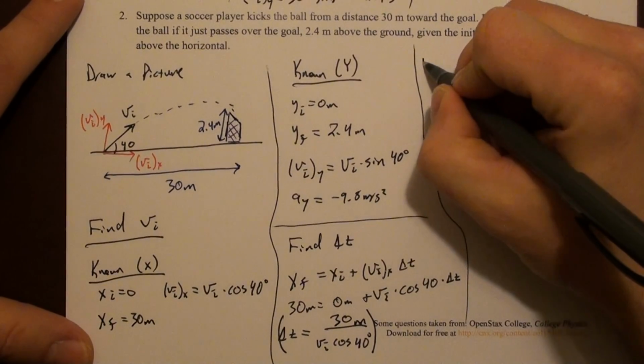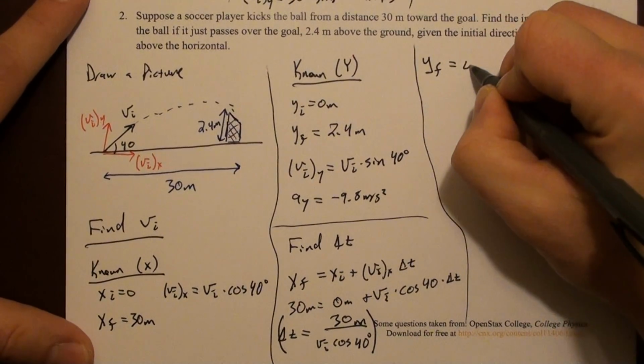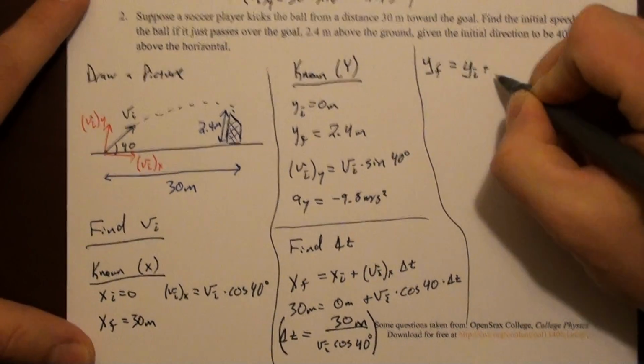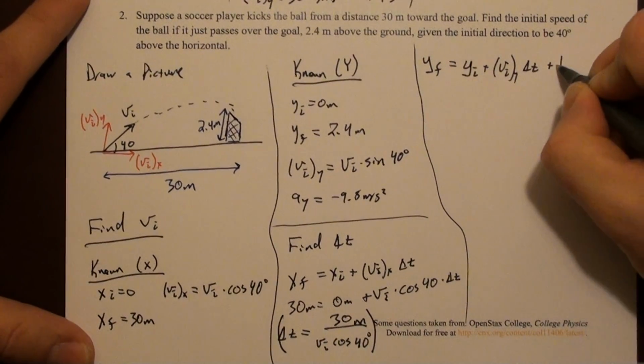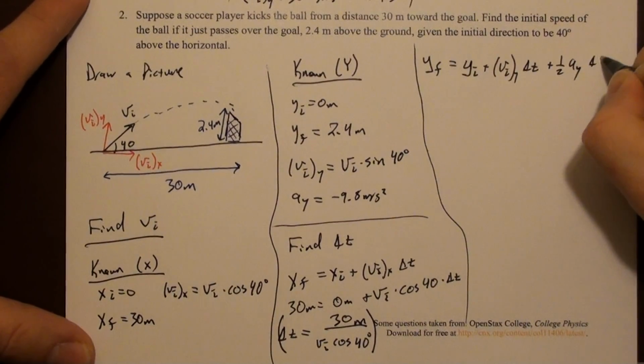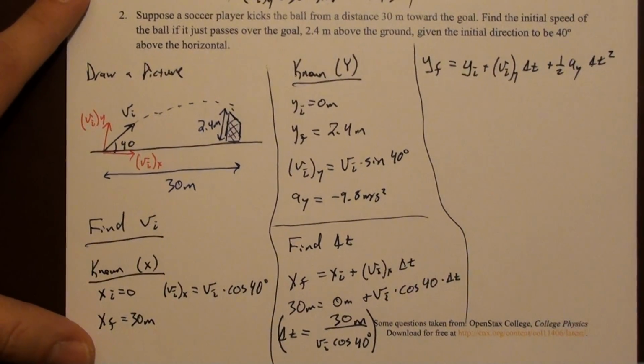So let's write our equation. y final equals y initial plus v initial y delta t plus half ay delta t squared. I can plug some numbers in.